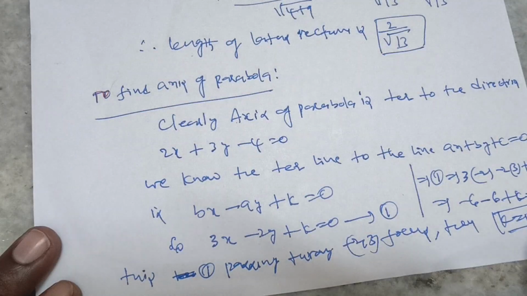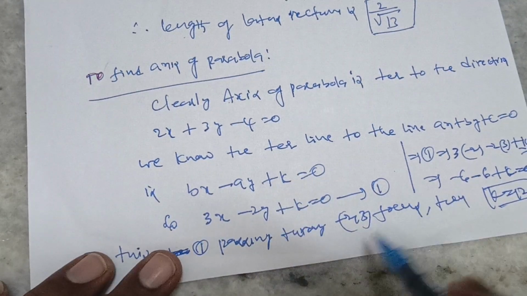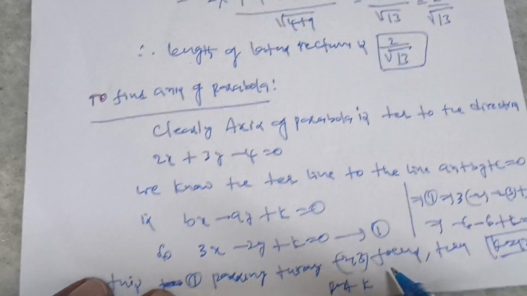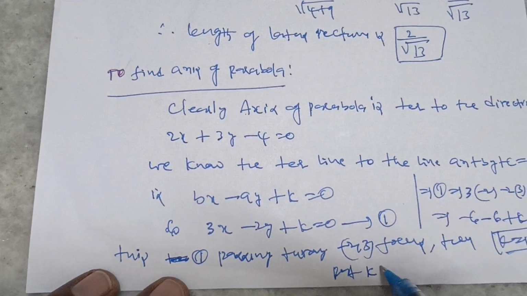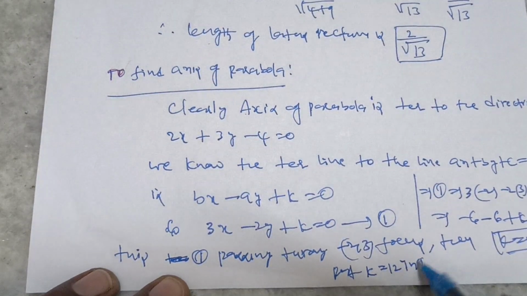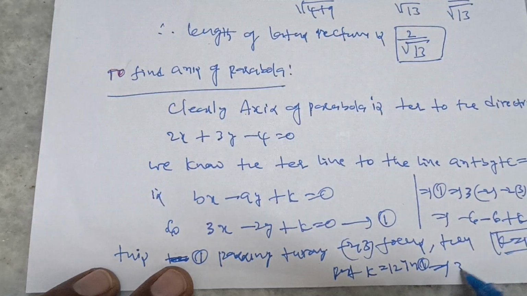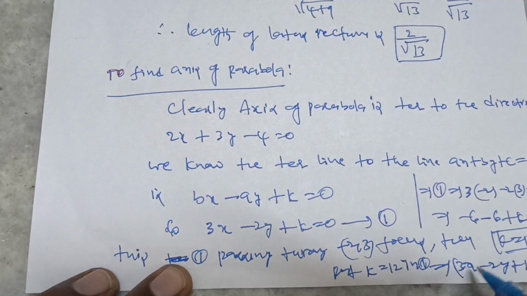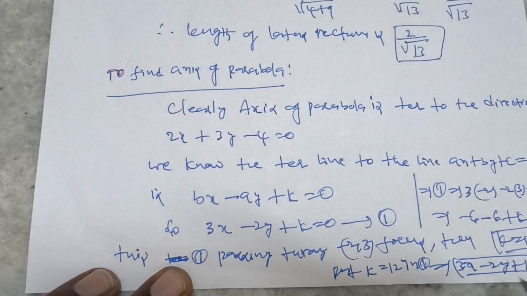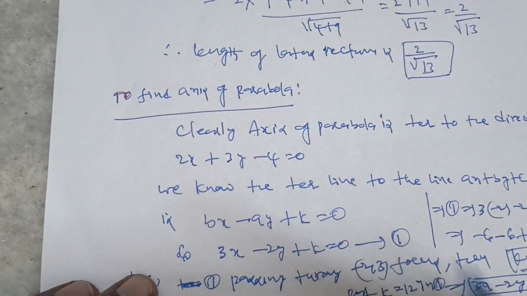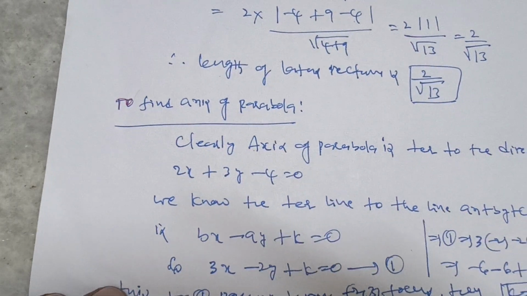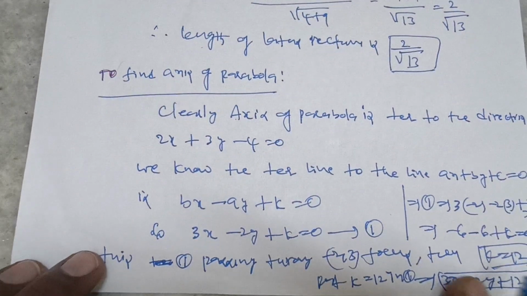Put k equals 12 in equation 1. Then 3x minus 2y plus 12 equals 0 is the axis of the parabola. This is the third point.